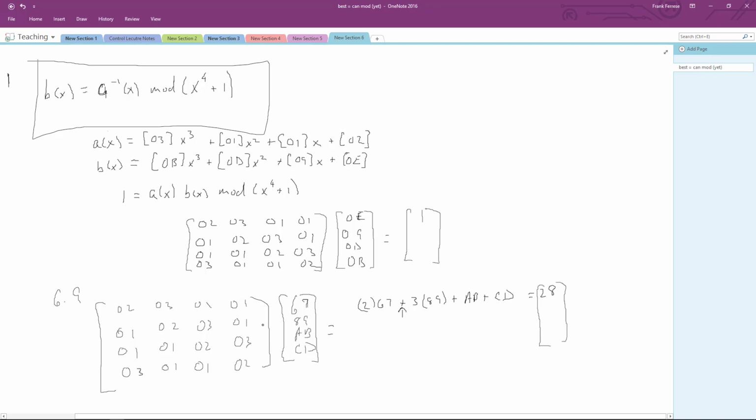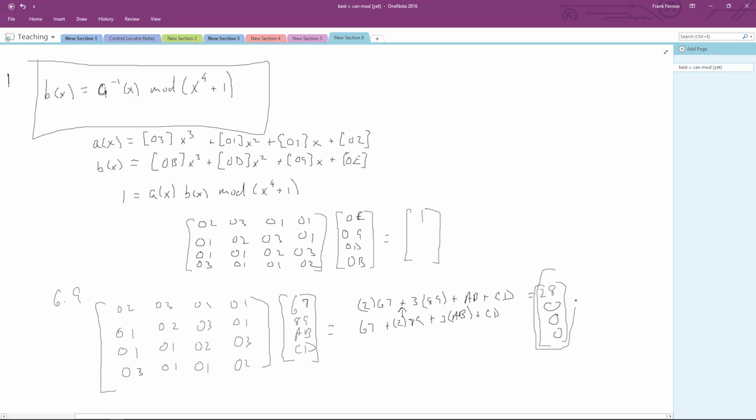You'll compute the rest of these. So the next one is going to be 1 times 67 plus 2 times 89 plus 3 times AB plus 1 times CD, and you'll compute that one and you get your next entry, and so on. So you'll have 4 entries here.